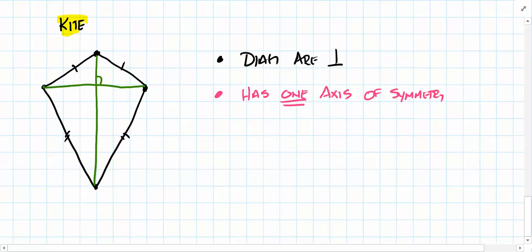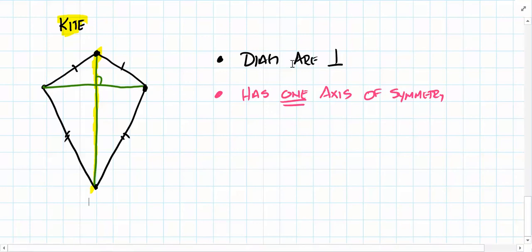The other thing is that every kite has exactly one axis of symmetry. I'm going to highlight where the axis of symmetry is. Can you see that this one right here is the axis of symmetry? Meaning that if you fold it in half, it would match up perfectly. But if you folded it in half the other way, it wouldn't. So a kite has exactly one axis of symmetry.